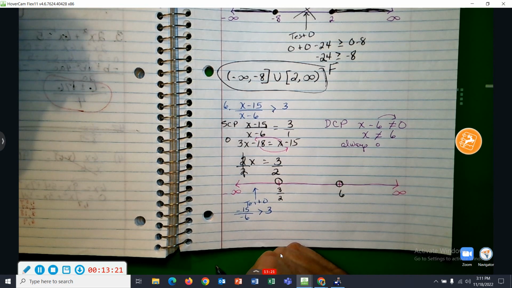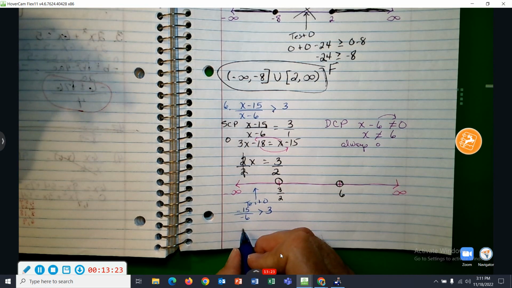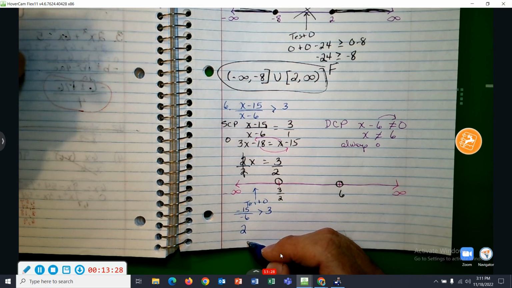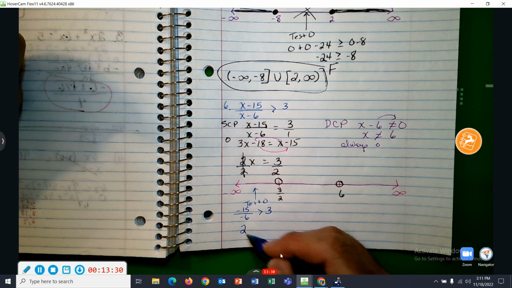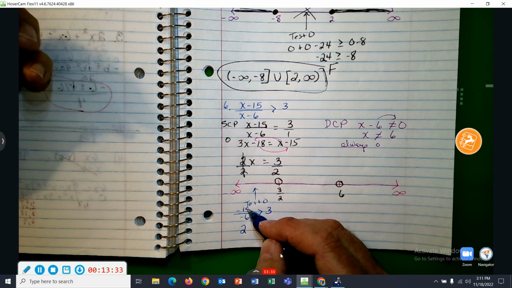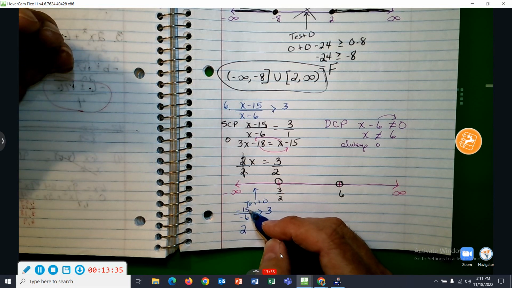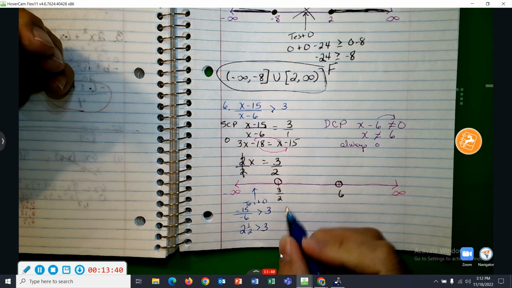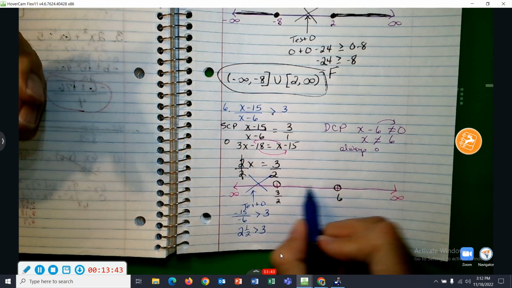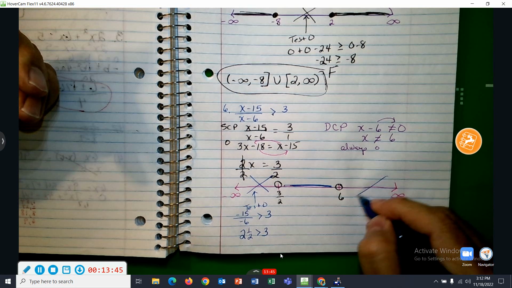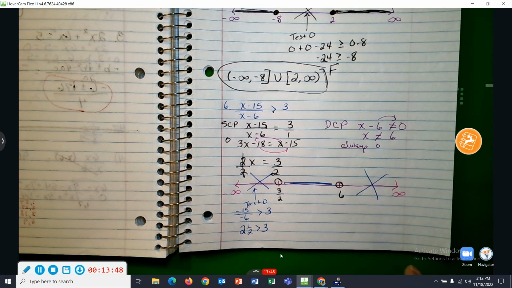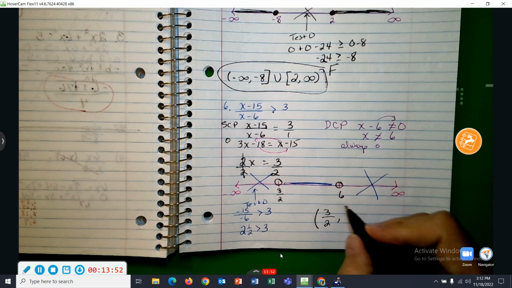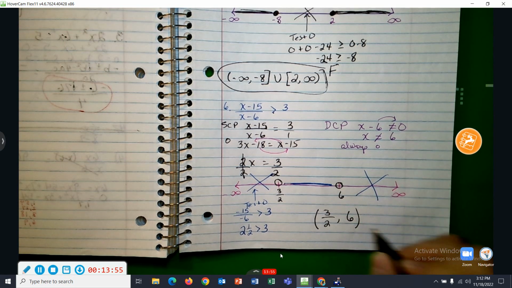Negative over negative is positive. 15 over 6, dividing above and below by 3, is 5 over 2, which is 2 1/2. Is 2 1/2 greater than 3? False. So our answer in interval notation: parentheses, 3/2, comma, 6.